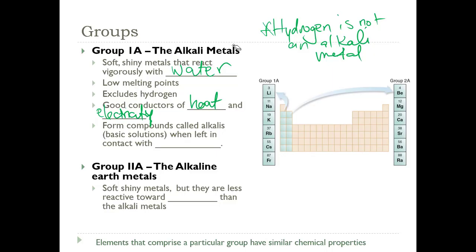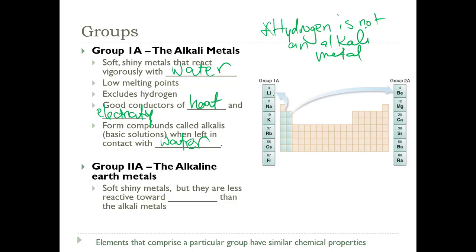They form compounds called alkalis, or basic solutions, when left in contact with water. It may be interesting to look at YouTube videos of what happens when you place these alkali metals, like potassium, sodium, and lithium, in water.